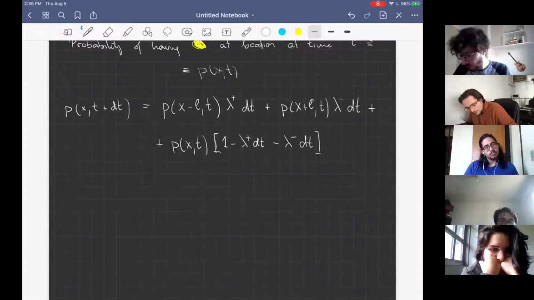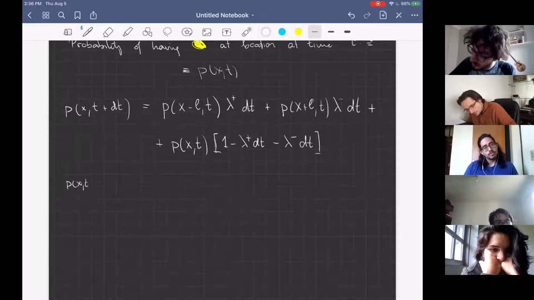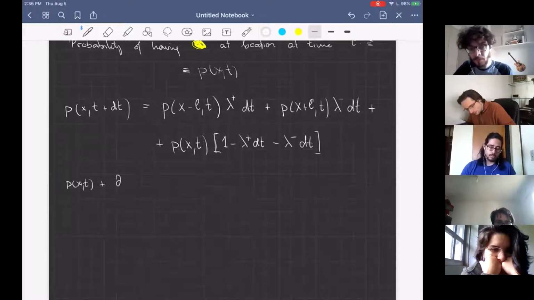So basically, this is going to be P(x,t) plus the derivative of P(x,t) with respect to time. Well, in this case, let me see how I can do this, because there are two steps that I want to do at the same time.